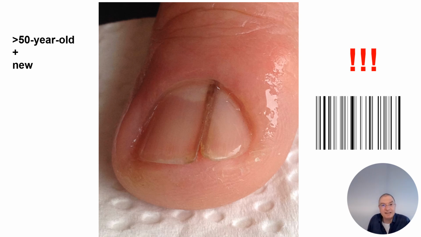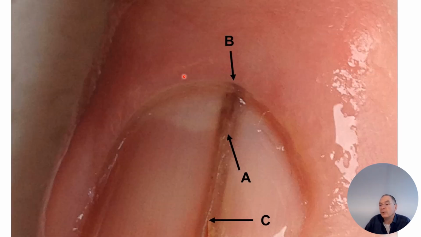What is it? The diagnosis is clear. When you enlarge the image on the screen, you see here the Hutchinson sign and barcode and a little bit of destruction of the nail, which is unspecific here. This is not specific for an initial tumor. Just melanoma in situ.